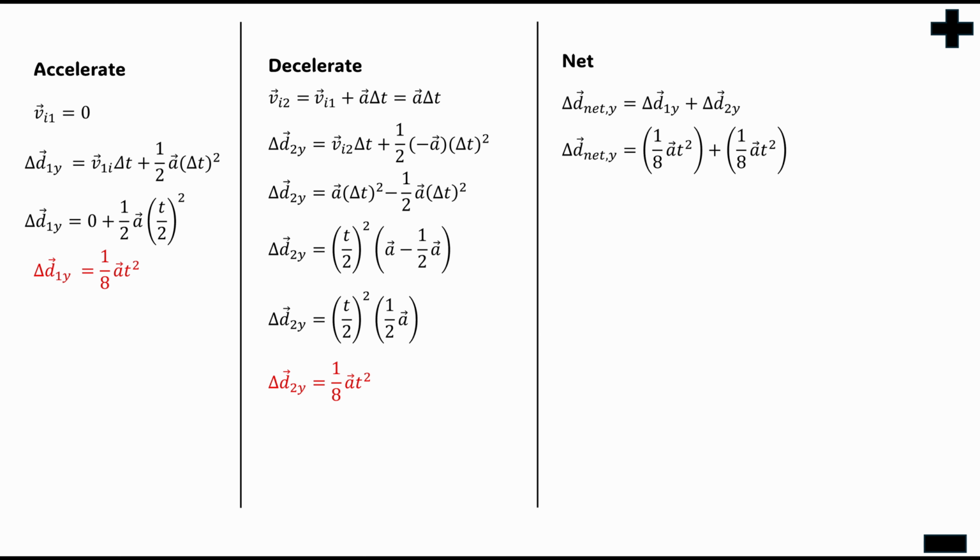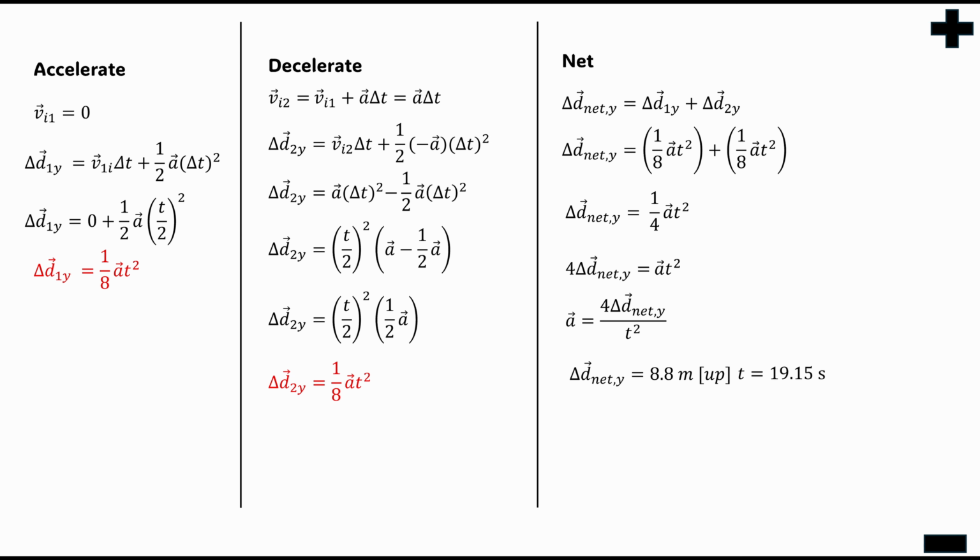Thus, the net displacement delta d net y is the sum of our 2 displacements. Summing them, we get delta d net y is 1/4 acceleration times t squared. And by isolating for acceleration, we get that acceleration equals 4 delta d net y over t squared.